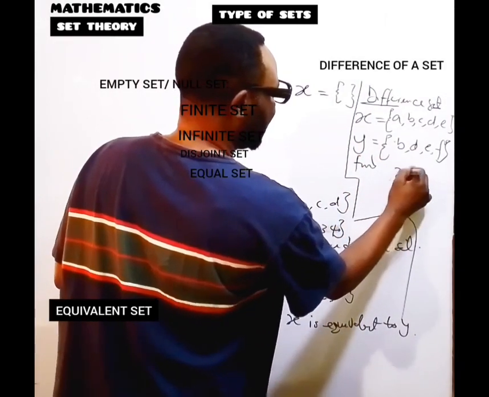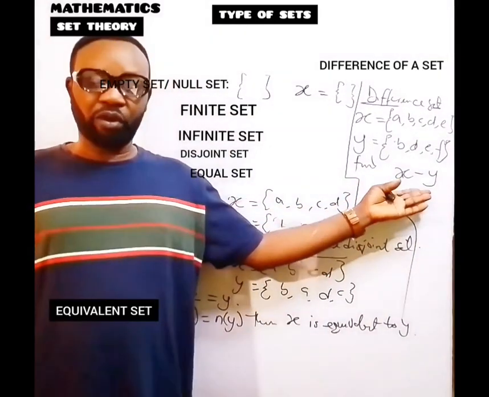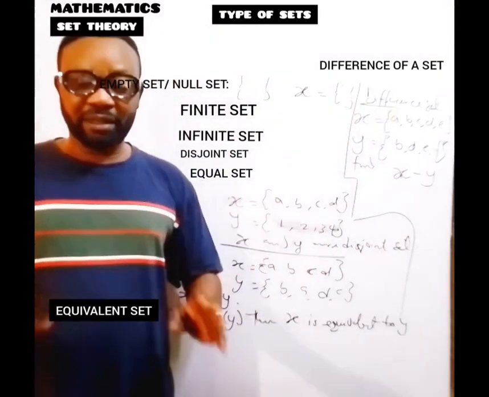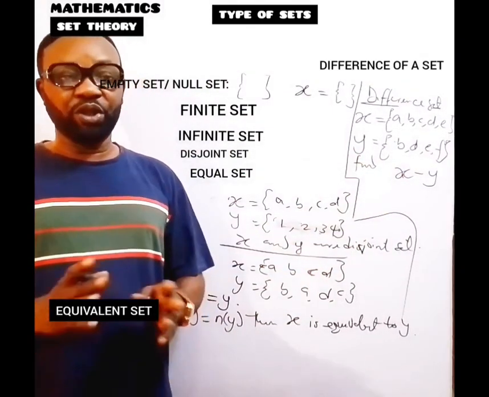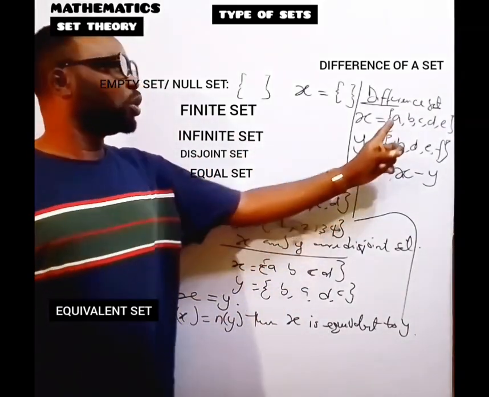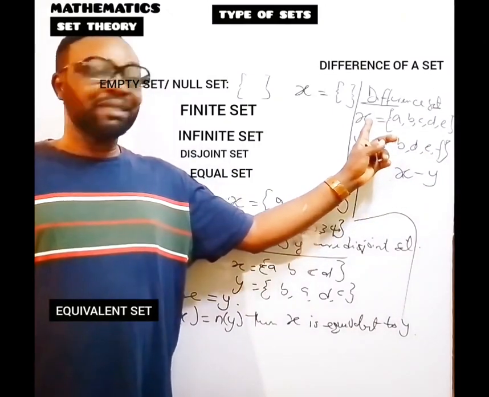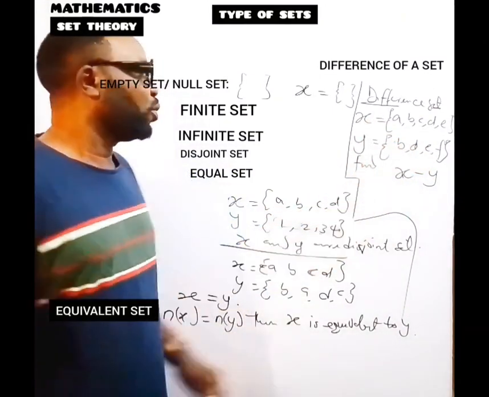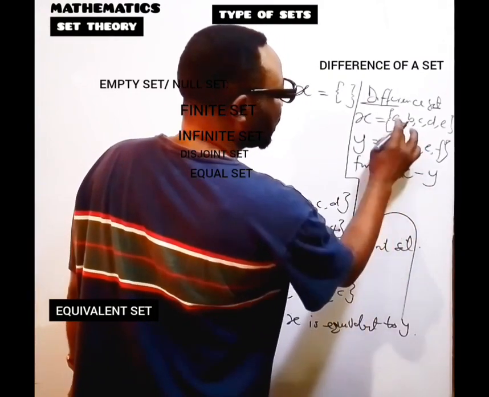X minus Y. When you are given this kind of question for any set given to you, find X minus Y, it means find the difference between X and Y. Now, X minus Y will be those elements that you have inside set X that are not in Y. So X minus Y will be equal to, what is the element you have there?